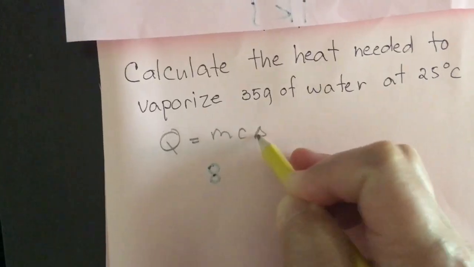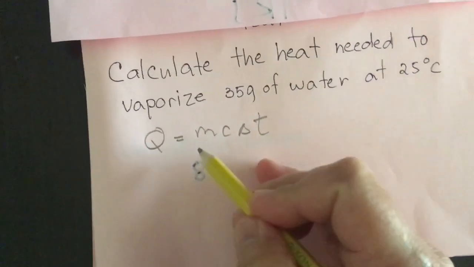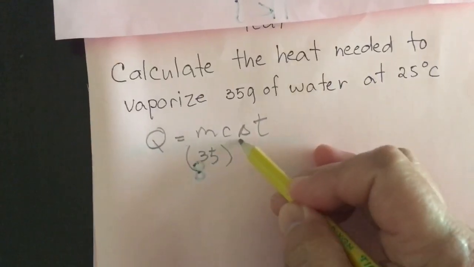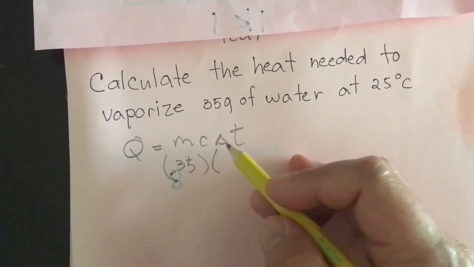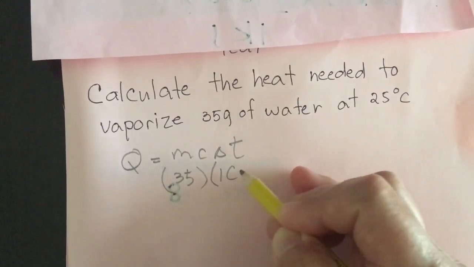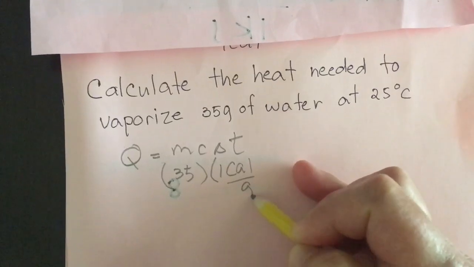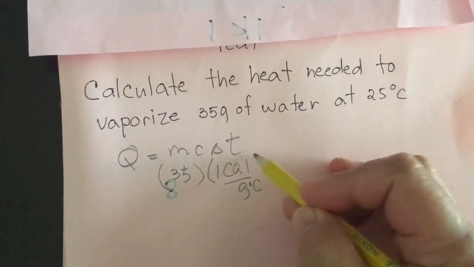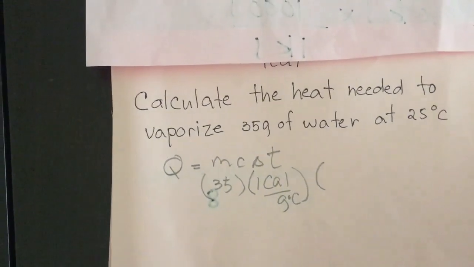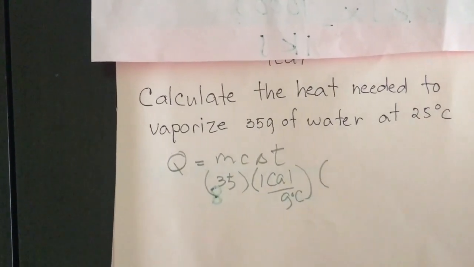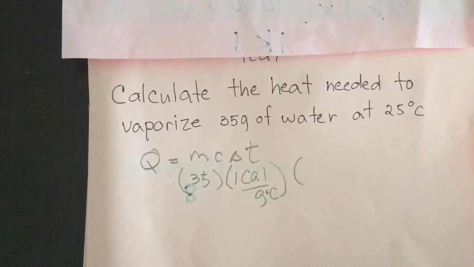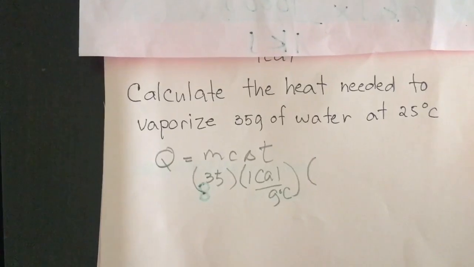So in other words, we first use Q equals mc delta T, where mass is still 35 times the specific heat of water. If we use calories, then we would just use 1 cal per gram degrees Celsius, times the change in temperature. Of course, we want to bring it up to 100 so it starts to vaporize, changing from liquid to gas.